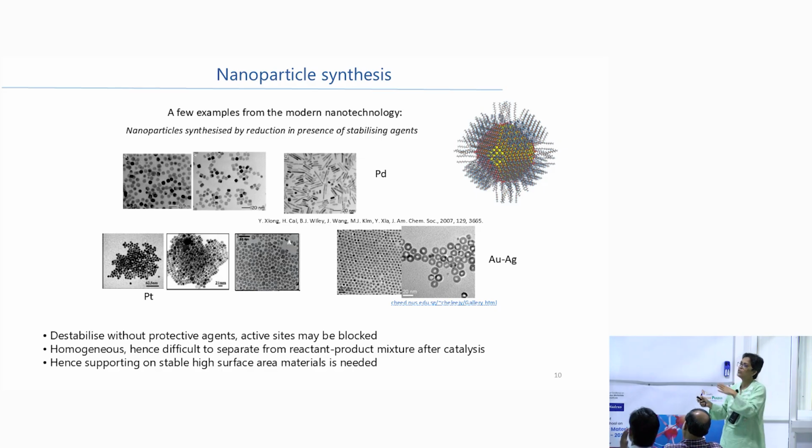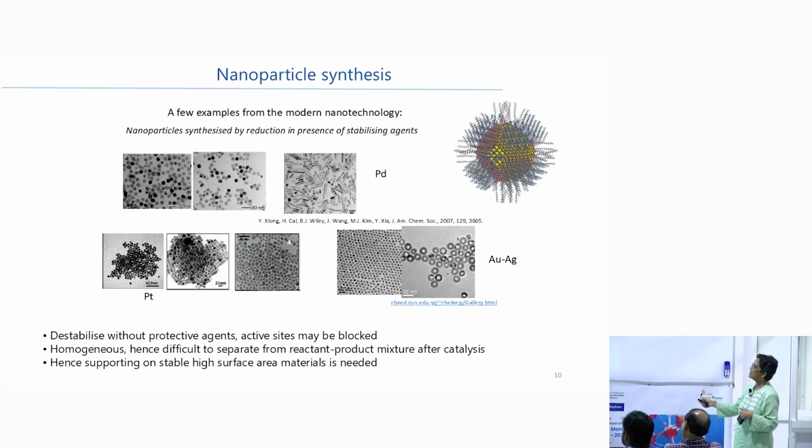Most of the time, people use sulfur ligands because of the high affinity of sulfur to all the metals. Because of that, it is actually not the best thing for catalysis, because the active sites are metal sites. If you cannot access them because a long sulfur-chain molecule is already sticking onto them, then it is difficult.